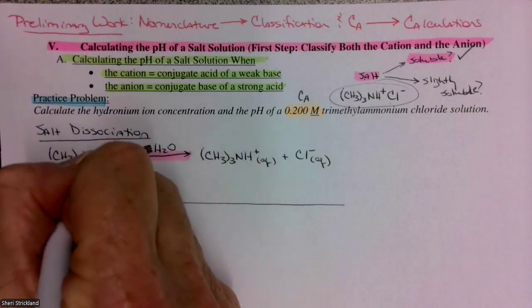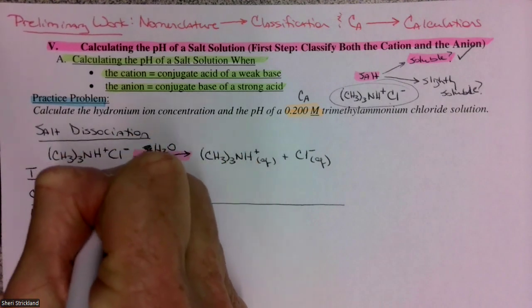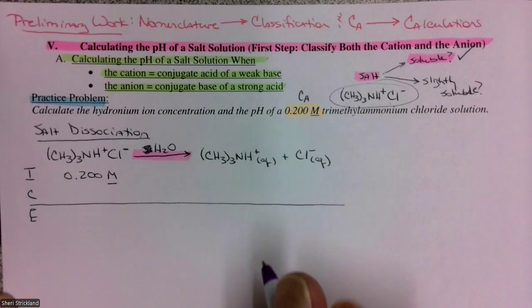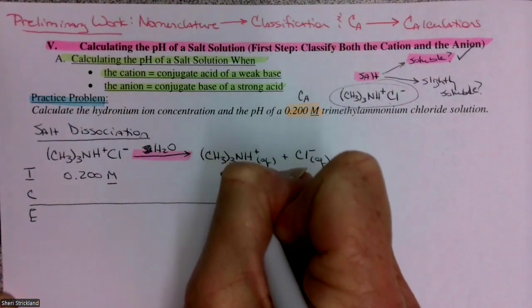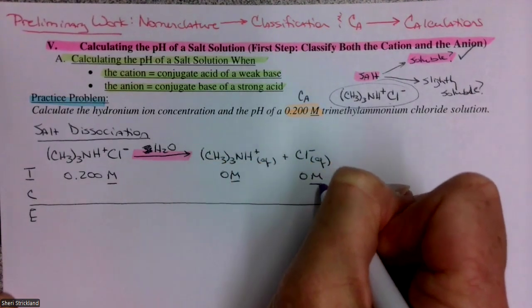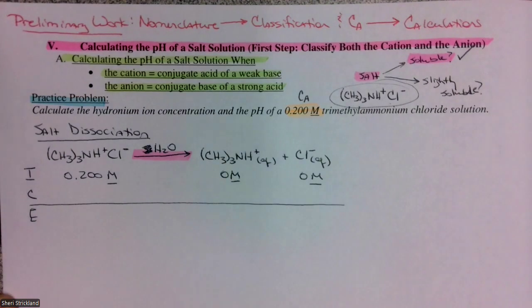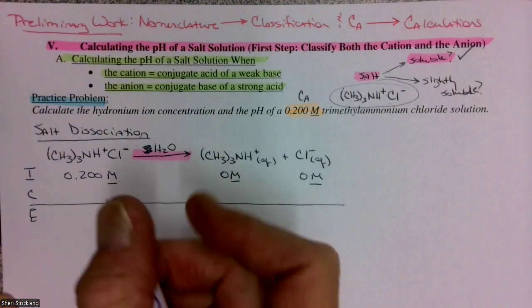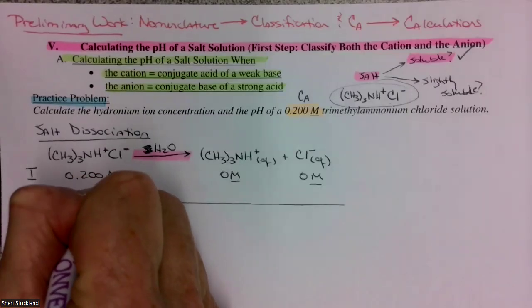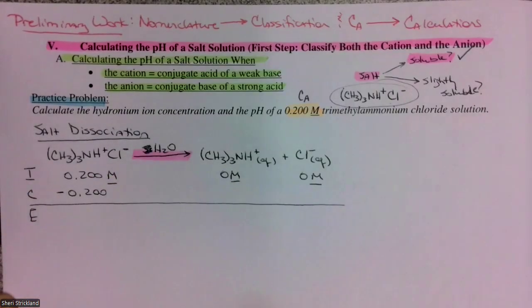Okay, the analytical concentration always goes in this spot. And when we first put everything together, there's none of this. We don't have any common ions from any other source. If we've got total ionization, then every bit of this is going to dissociate.